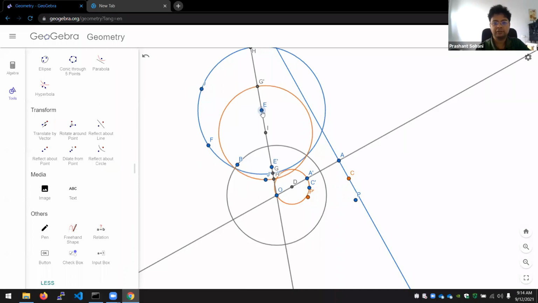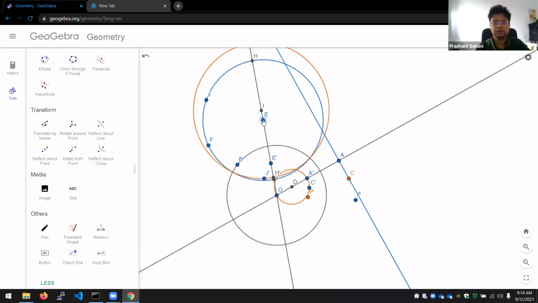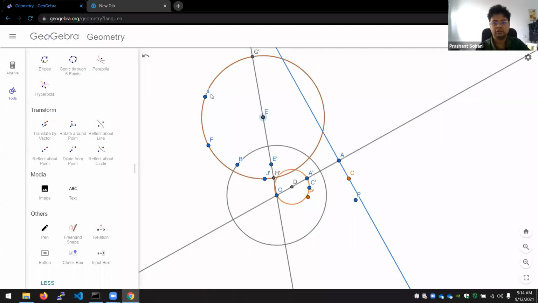So understand the difference. The two circles are overlapping, but J is going to J dash. The part of the circle inside our circle of inversion is getting mapped to the outside and vice versa. So it's not that every point is invariant, but the circle as a whole is invariant.